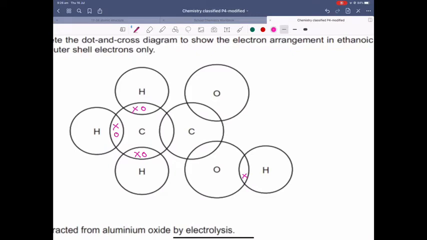That's one electron from each atom, two electrons altogether in the bond, or one pair. And it's equal sharing in this type of covalent bonding. Another single bond here between the two carbons. So this carbon puts one electron in, and this carbon puts another electron in, and they share one each.